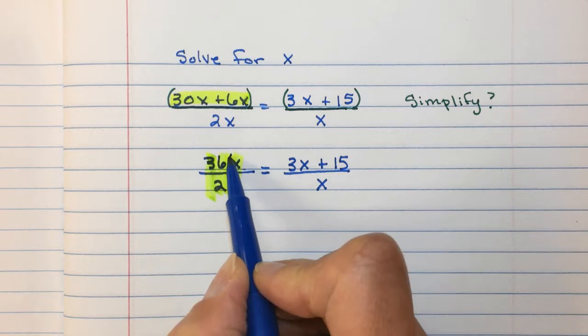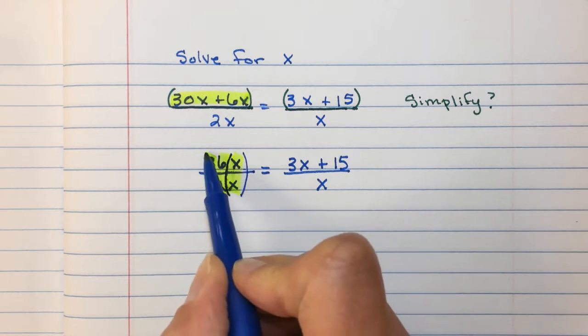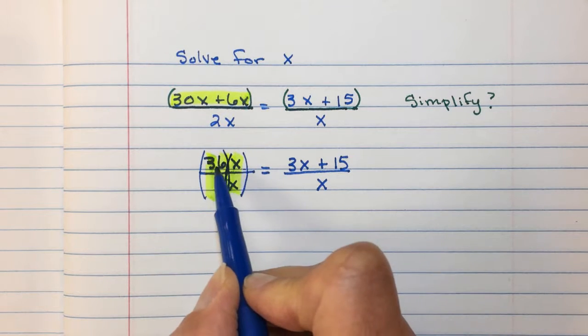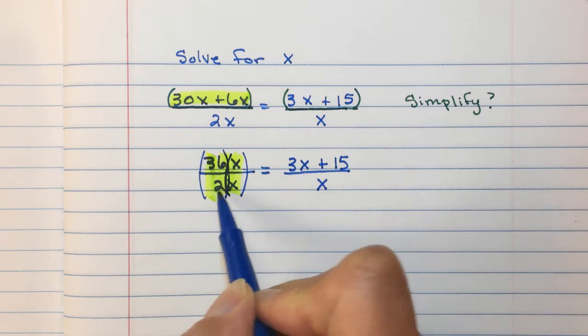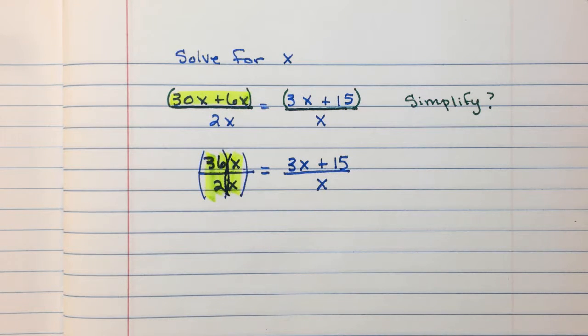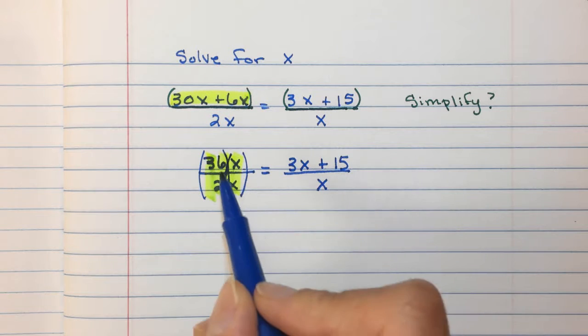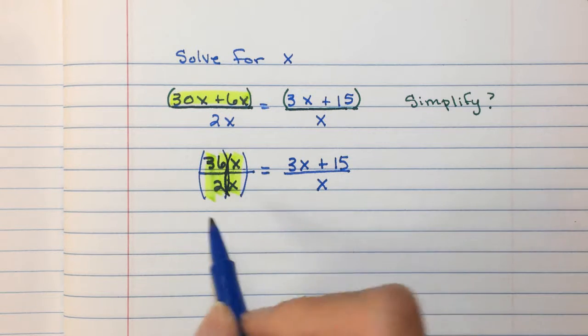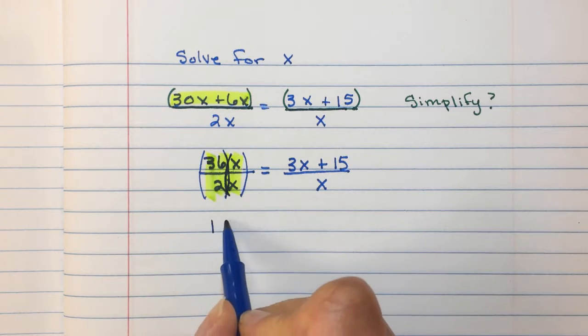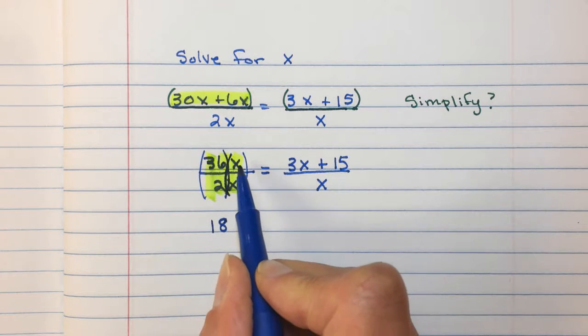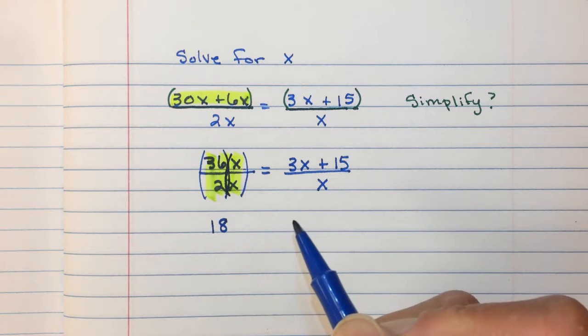So if I look at these in pieces, I have the number 36 divided by 2. So I can go ahead and I can divide that. And then I have x divided by x. Well, 36 divided by 2 is 18. And x divided by x is 1.